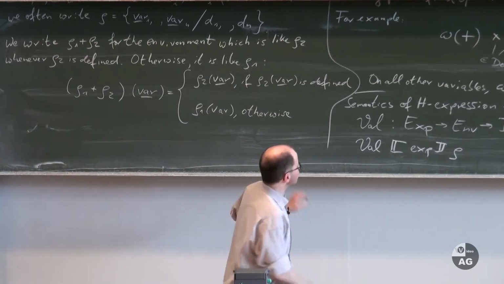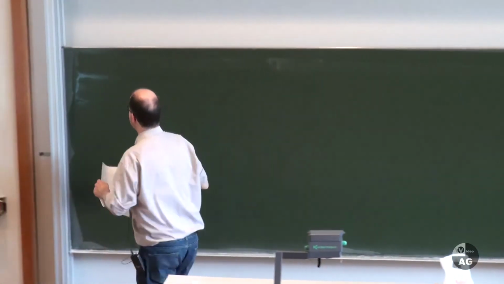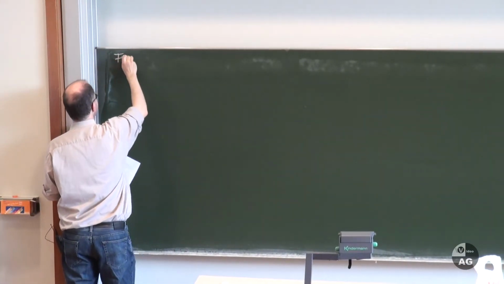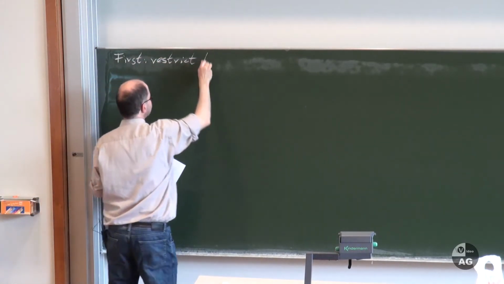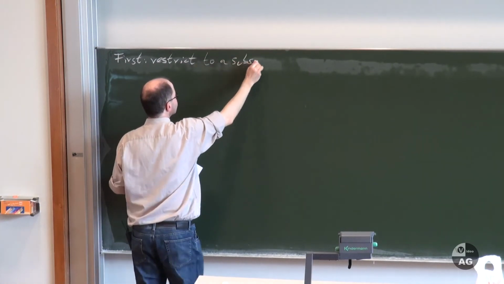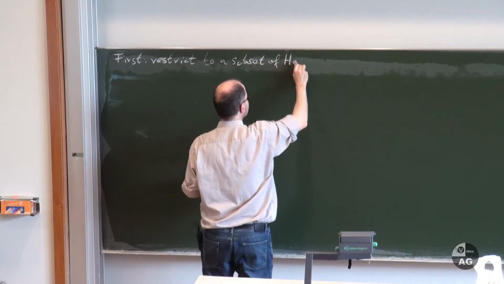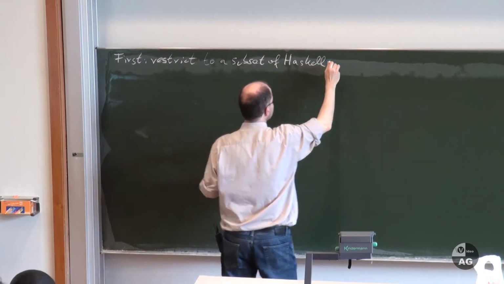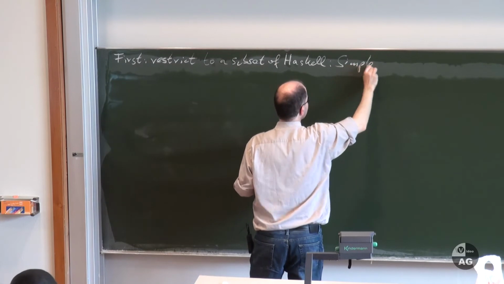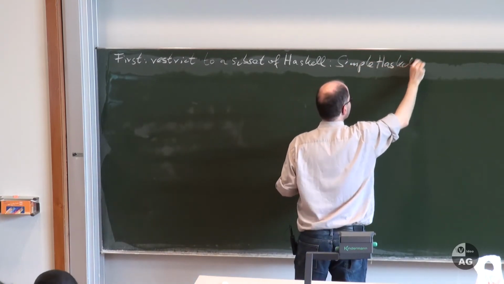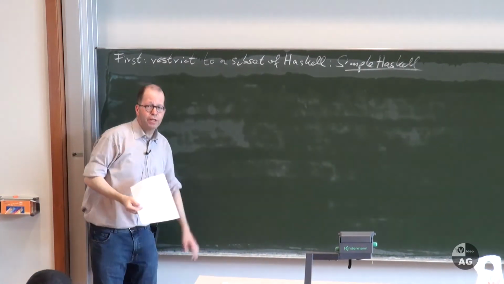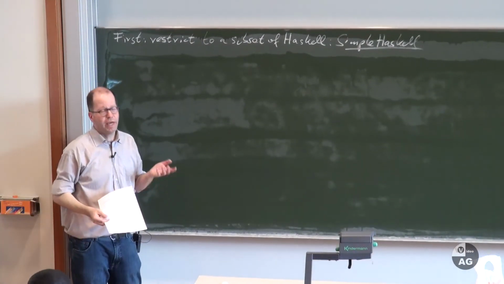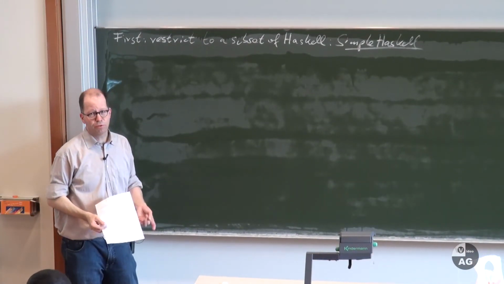Okay, but before doing this, again, I have to wipe the board. So what we will do is we will first restrict ourselves to a subset of Haskell, so-called simple Haskell. And it will turn out that it is not a real restriction, because you can convert any Haskell program into an equivalent simple Haskell program, which does the same.